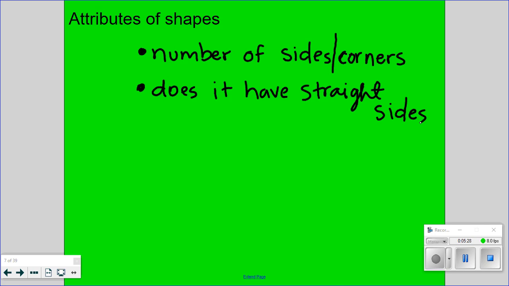Because Brogan, if I answer that question with no, there are no straight sides, then that gives me an idea, oh, it's probably going to go in like a circle or oval category. But if it only has straight sides, is it going to go in that category? No. So that's another good clue that we can use to figure out what shape it is.